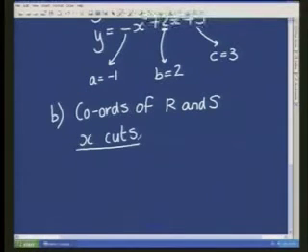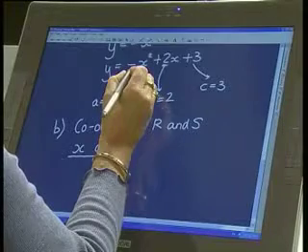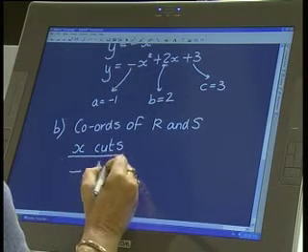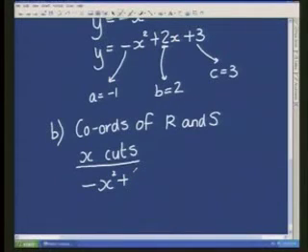It's a standard procedure. You use the second equation that I gave you.